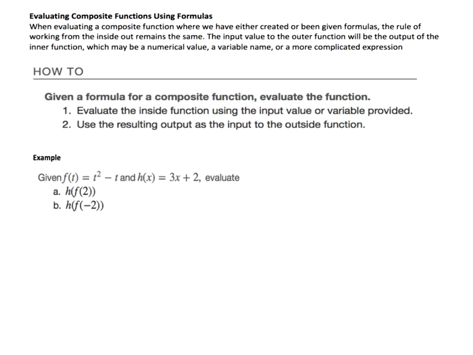Okay, evaluating compositions using formulas. So we've looked at it with tables, we've looked at it with graphs, and now we're actually looking at the equation version of the function. So you're going to do the same thing. You're going to start with your inner function and work your way out. Let me color code.